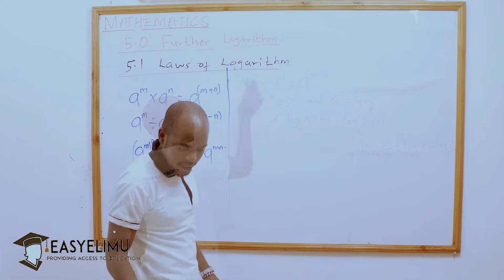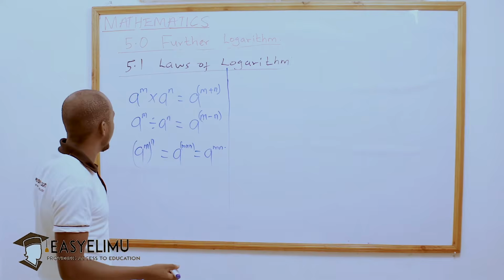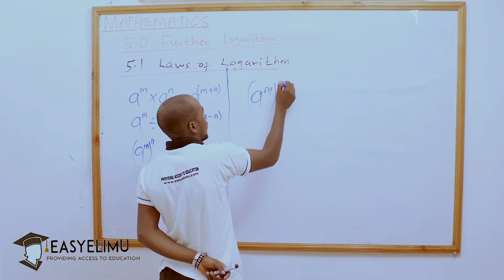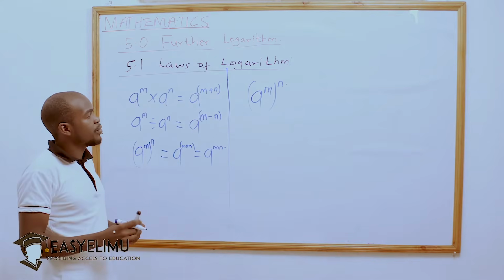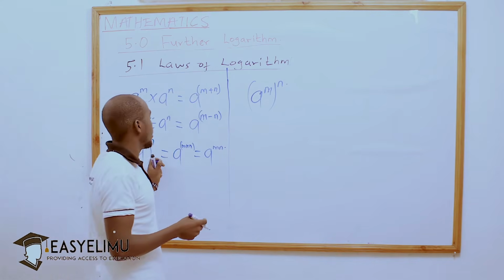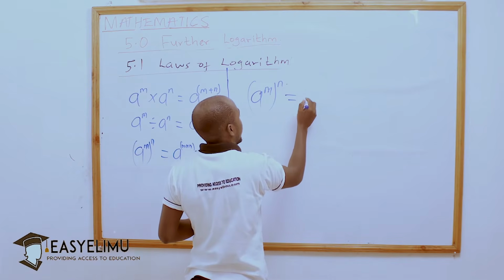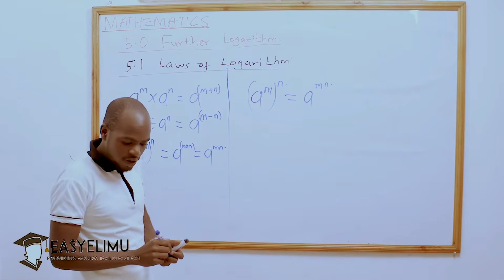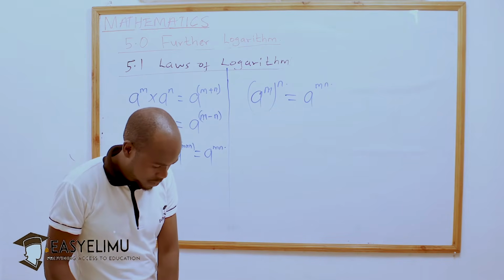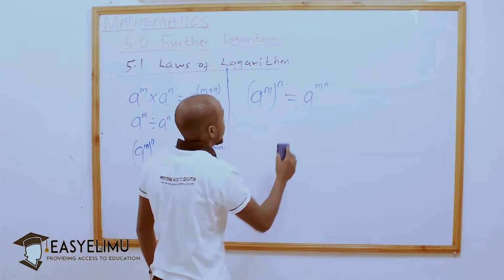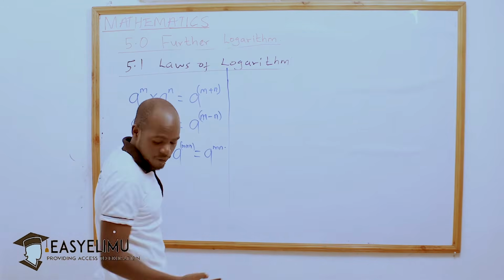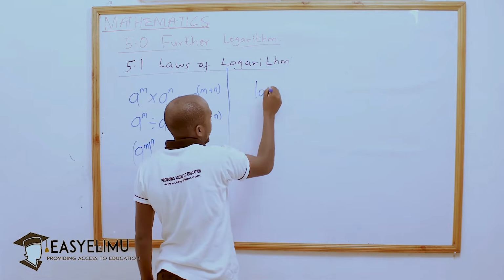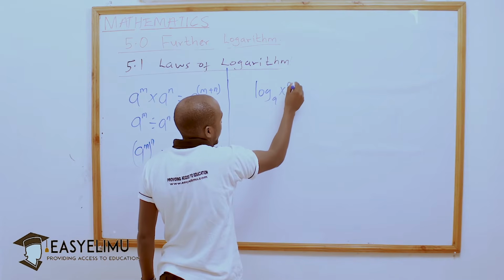Let's see the third process, whereby we have been given a^(mn). Here, if you have that one, it is the same as (a^m)^n. But we shall consider another method, whereby we shall be using the logarithm of a certain number raised to something. So let's say we have the logarithm of x^n to the base a.